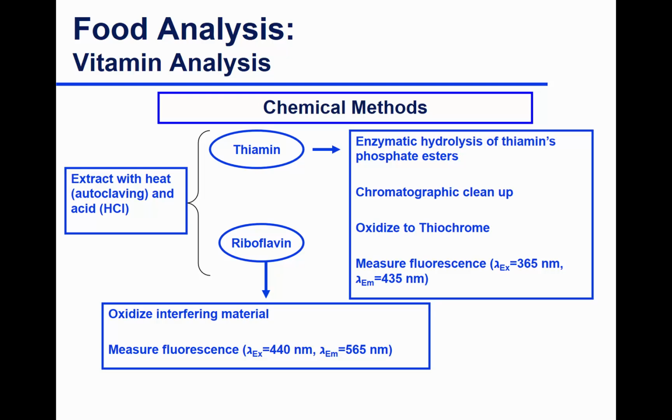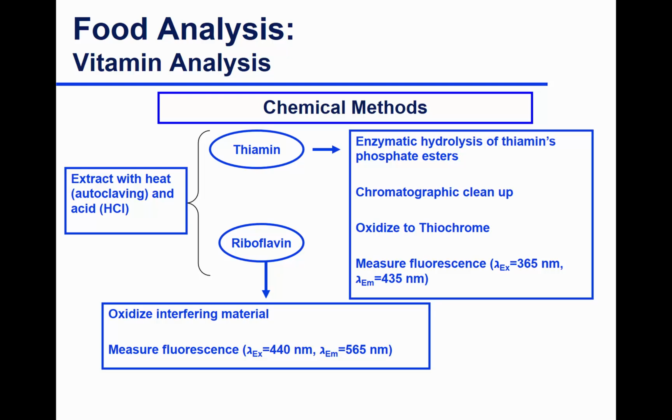And then you use chromatography to clean up your sample. And then you oxidize thiamine to thiochrome, and you measure fluorescence. So that would be the excitation and the emission wavelength. EX is for excitation, and EM is for emission.